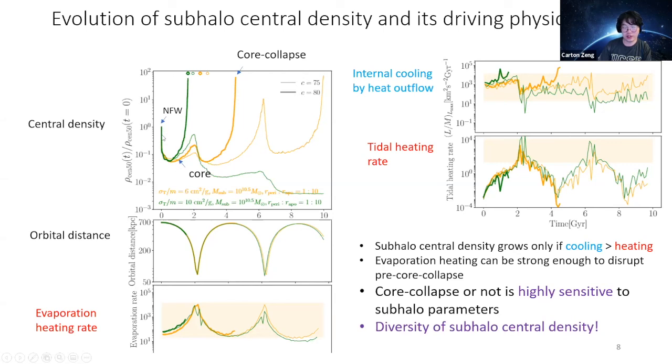If we look at this thick green line first, it starts from NFW, has core formation first in a short period of time, and then core collapses normally as expected. But another similar subhalo with slightly lower initial concentration of 75 starts from NFW, has core formation first, but its core collapse process goes slower because of its lower initial concentration, so that it cannot reach core collapse before the first pericenter encounter, so that evaporation comes in and disrupts its core collapse process.